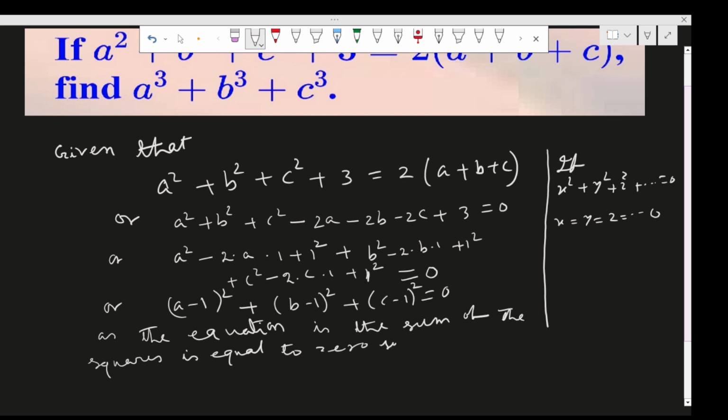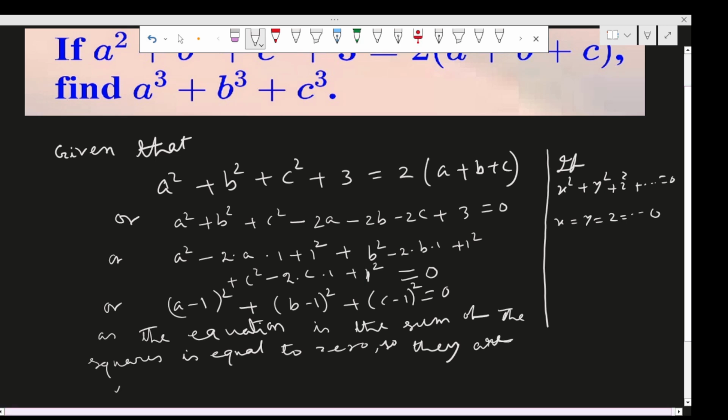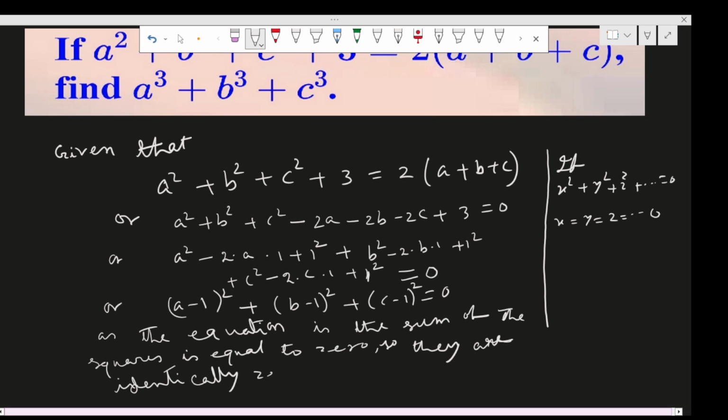So the expressions within the brackets are identically 0.